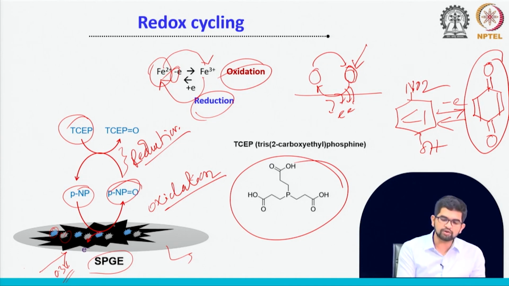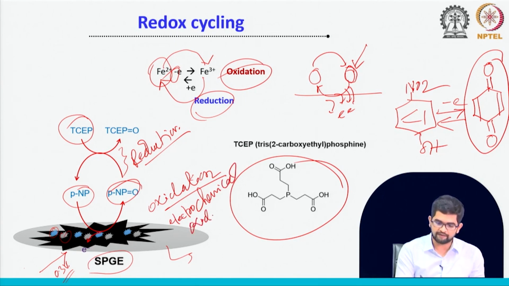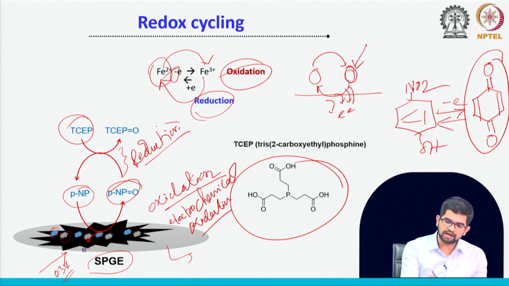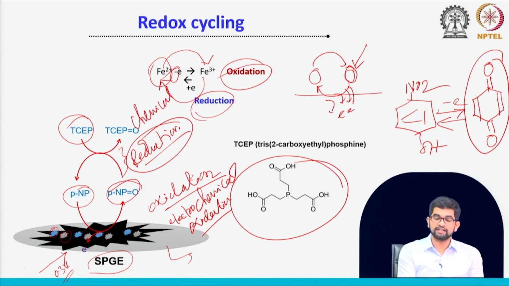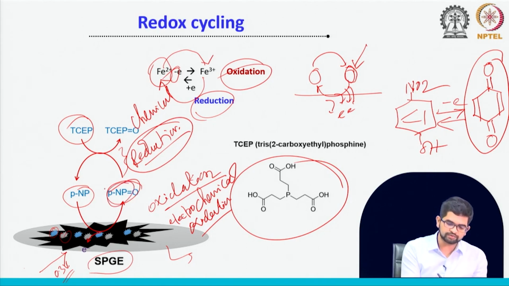Because we are oxidizing electrochemically, this is electrochemical oxidation, and the reduction is chemical reduction. By this way we can cyclically form this redox pair: consuming and then reproducing, consuming again, reproducing again. This kind of cycling reaction is possible on the surface, and it can be useful for signal amplification.